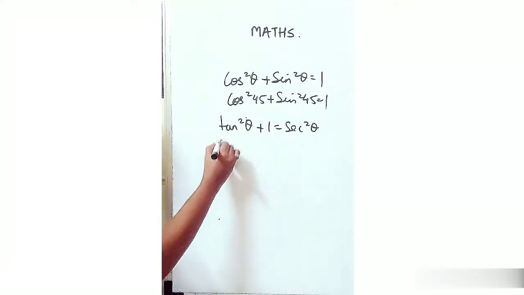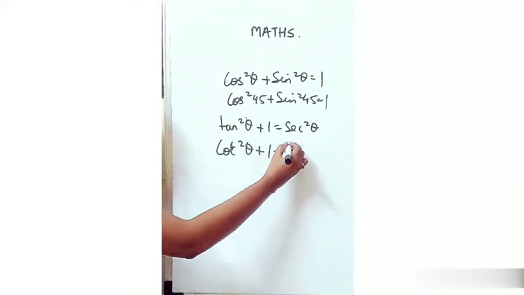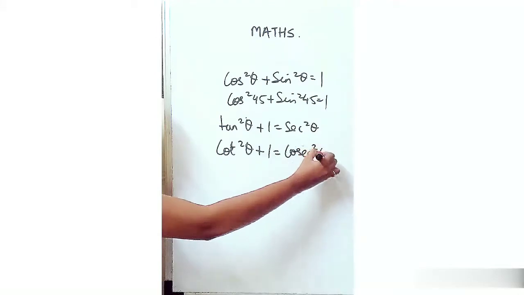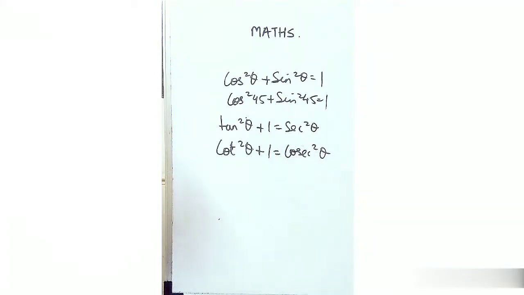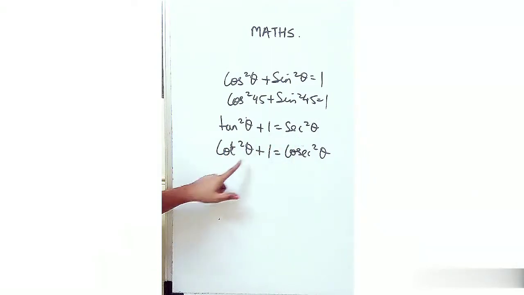What is it? Cot square theta plus 1 is equal to cosec square theta. Very simple. Tan square plus 1 is equal to sec square theta. Cot square plus 1 is equal to cosec square. You have to remember these identities, student. There's no other way of doing these identities. I hope you understood this part, student.